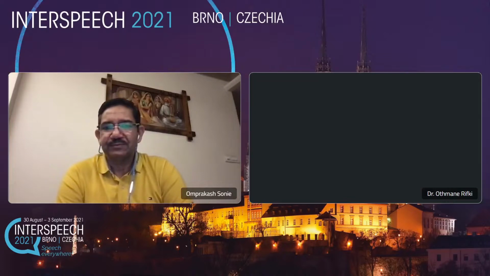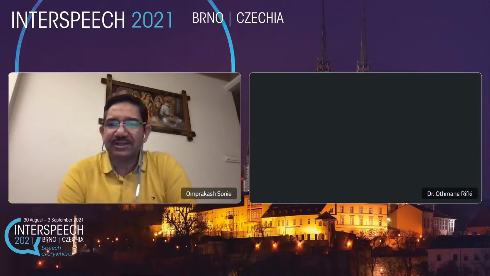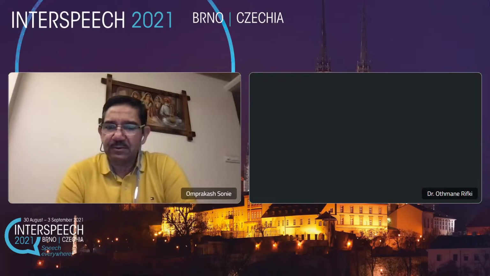On a practical note, how do you handle this type of problem? Yeah, basically batching similar size audios is, I think, one of the effective ways of doing it. Okay, thank you.